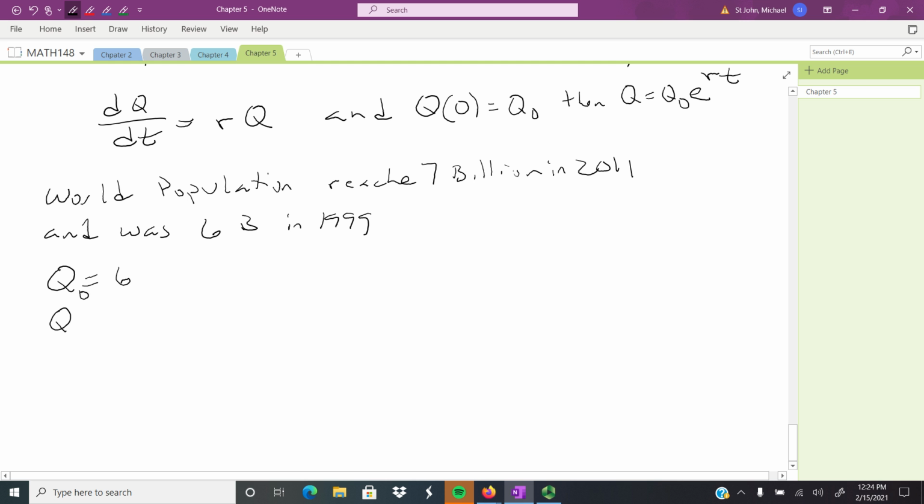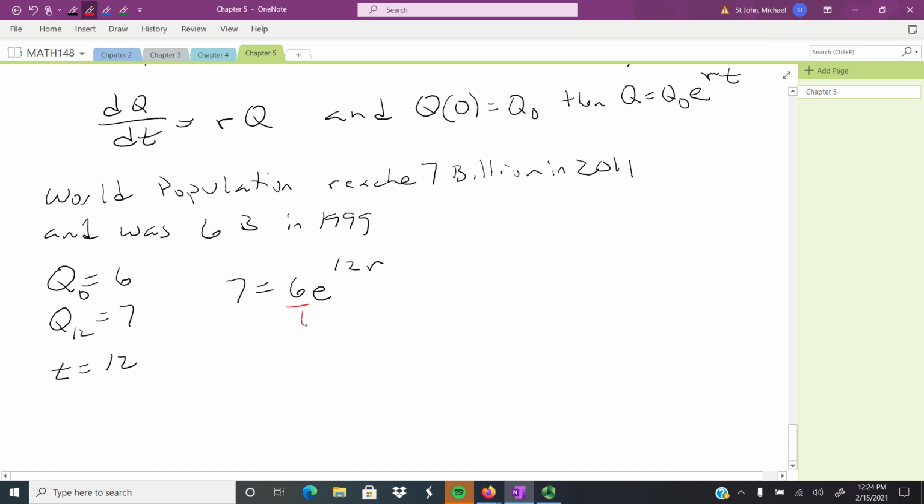Q after 12 years was 7 billion, and t is going to be 12. So that would mean we can get the rate of growth. So 7 equals 6e to the 12r.